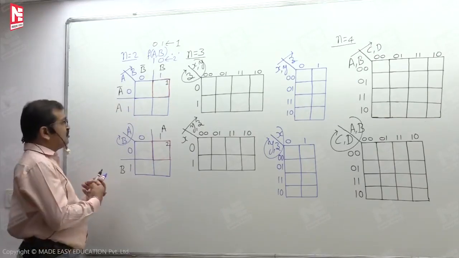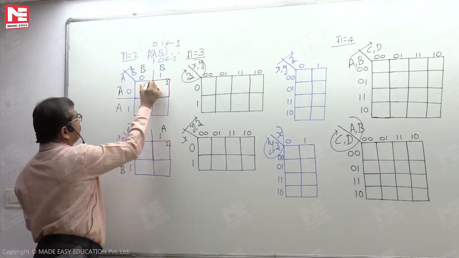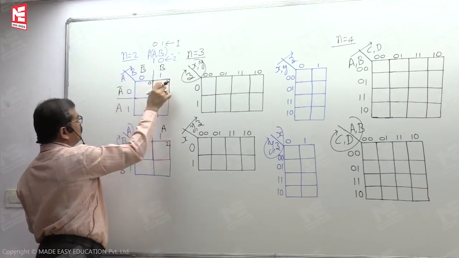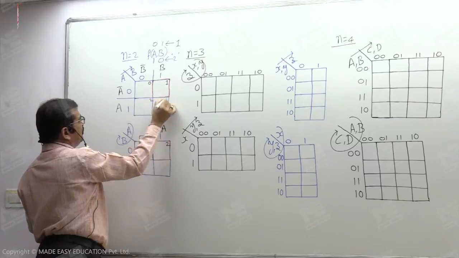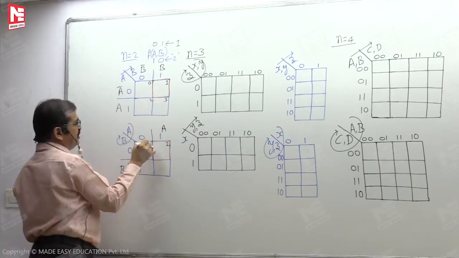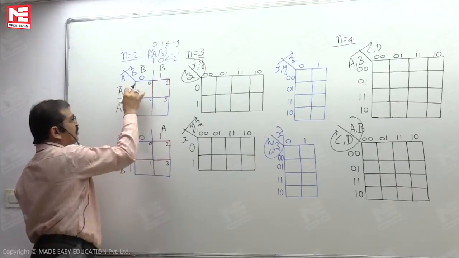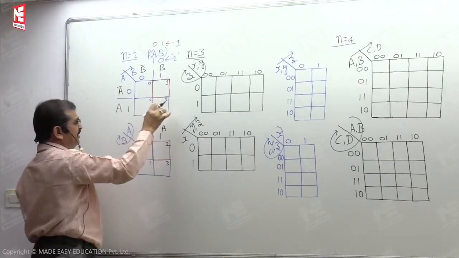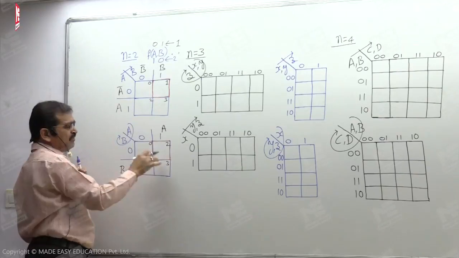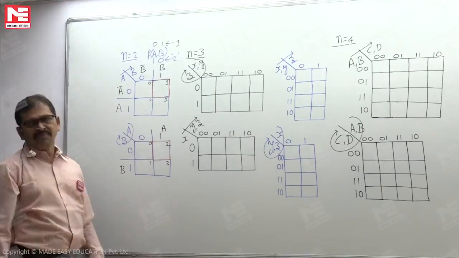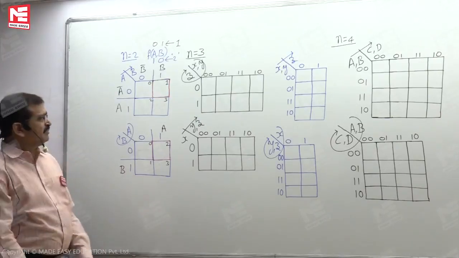If you work it out like this, here A is MSB, so 0, 1, 2, 3. Whereas here A is LSB, 0, 1, 2, 3. A is here the row heading, so we write it horizontally. A is here the column heading, so we write it column wise. That way you can understand and remember.